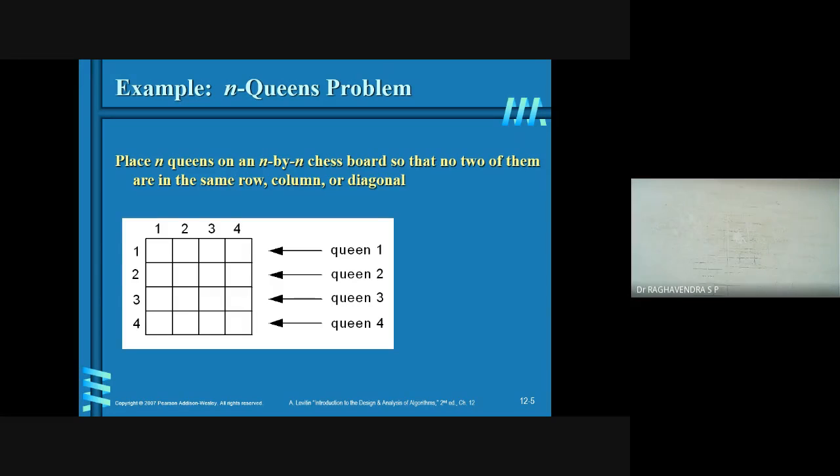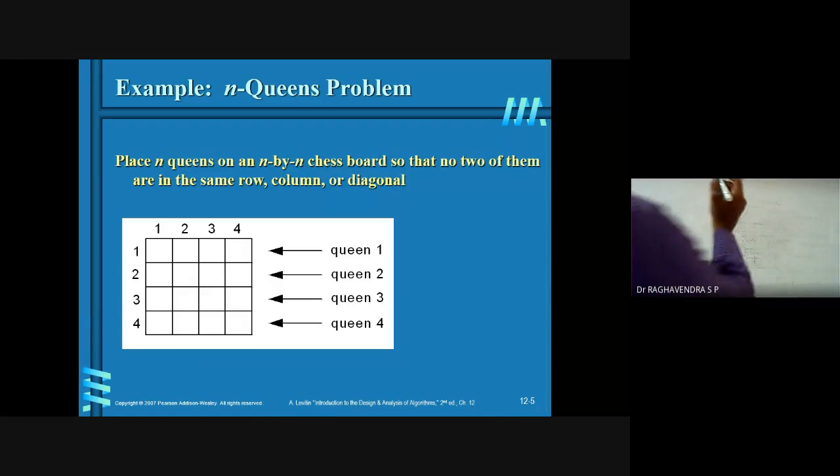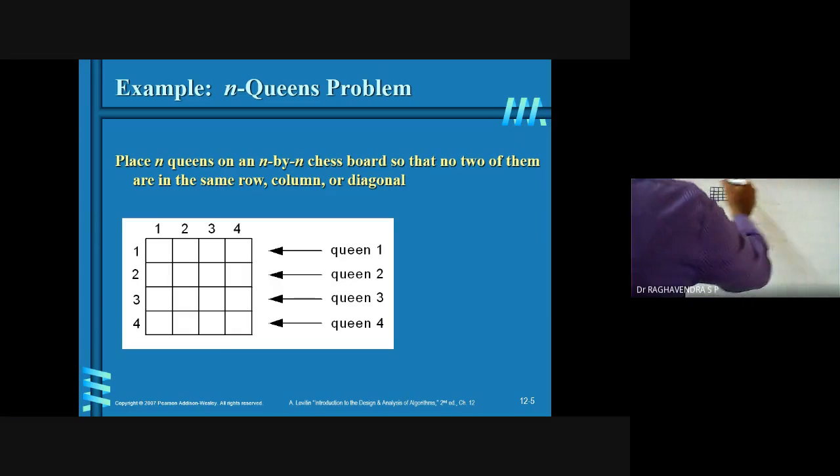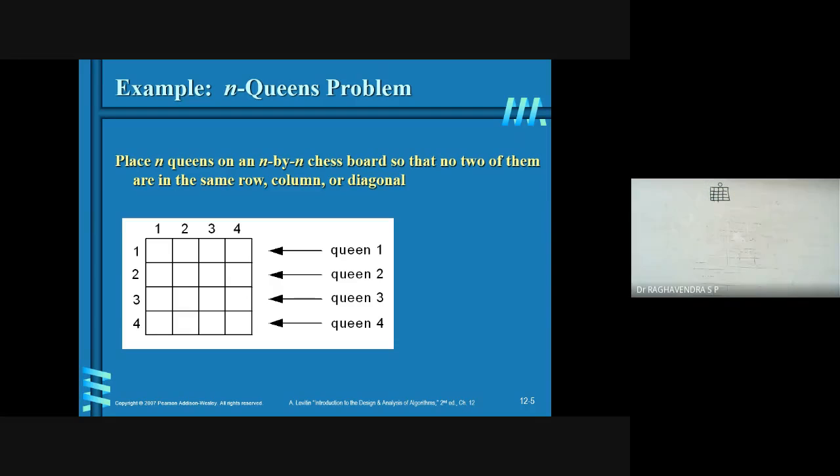So now, I'm going to draw the state space tree. Just focus here. So first I will start with a 4 cross 4 grid. I will call this the zeroth node.